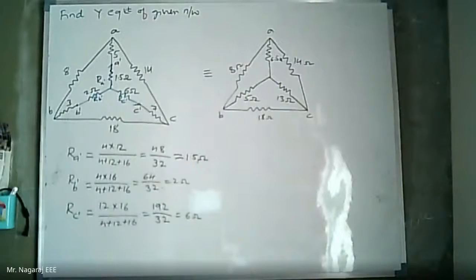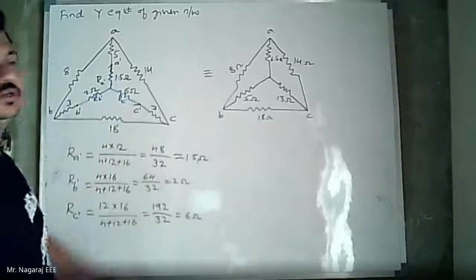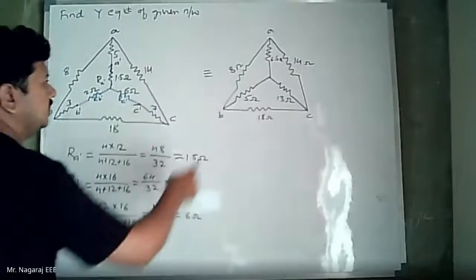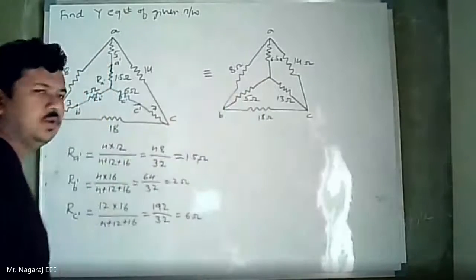Now I can convert this inner star connected network into delta.